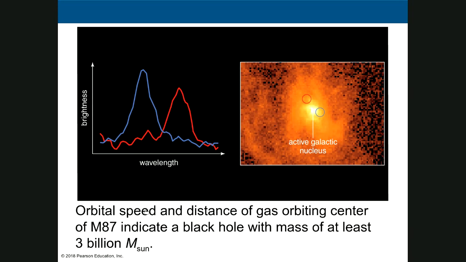So the orbital speed and distance of gas orbiting the center of this galaxy, M87, indicate a black hole with a mass of at least, on the low end, 3 billion solar masses. So there are objects with billions and billions of solar masses in these compact areas that could create these quasars.